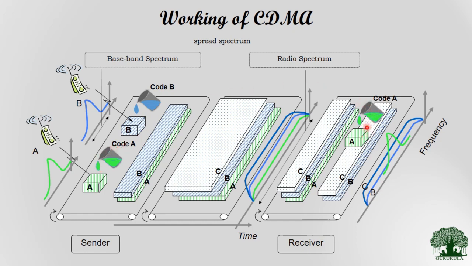Doing so will convert the wideband signal back to a narrowband signal, and all the other wideband signals remain as such, so that only this particular signal can be extracted and processed for further data replication. So this is the working principle of code division multiple access.